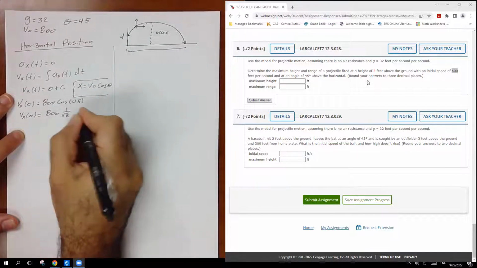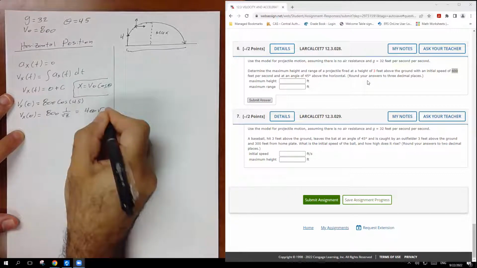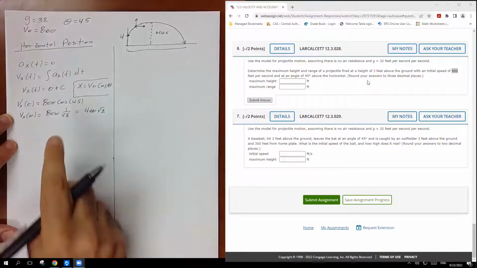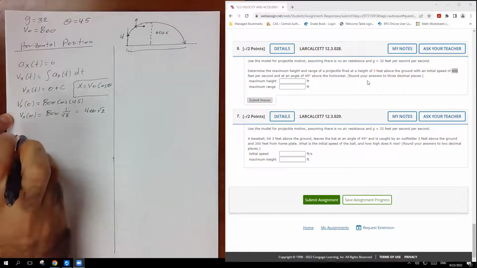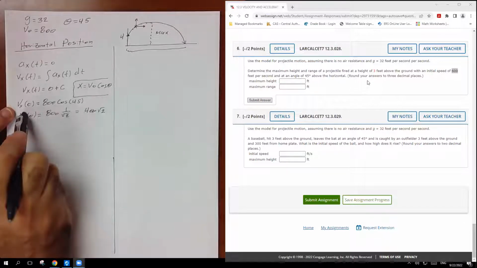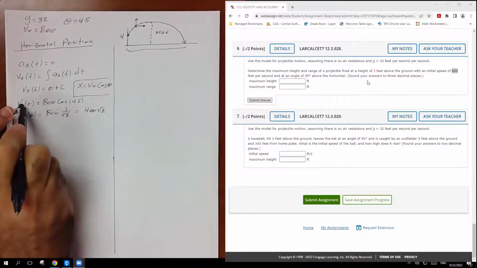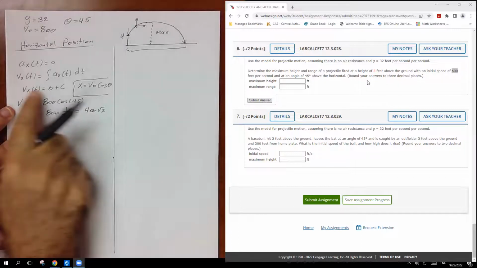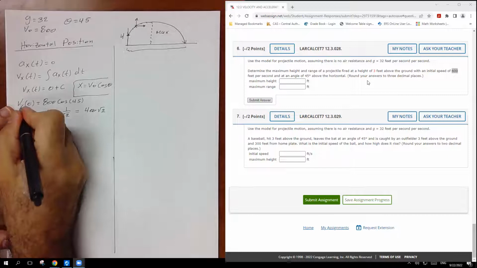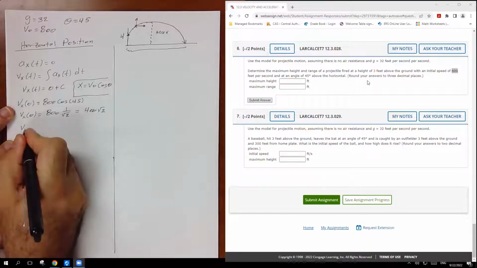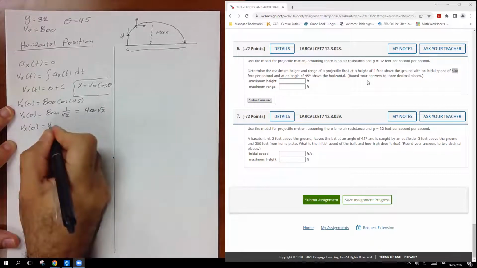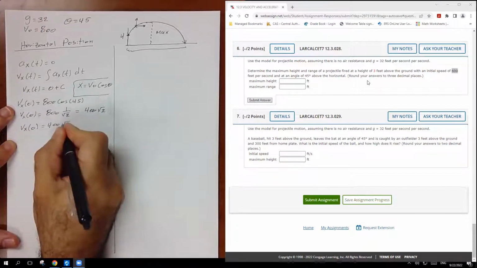So this one is going to be 400 square root of 2. Yeah, this is the v naught. Don't confuse yourself. So now plug in the v naught here. Keep it with the x. So v sub x of 0 is going to be equal to 400 square root of 2.